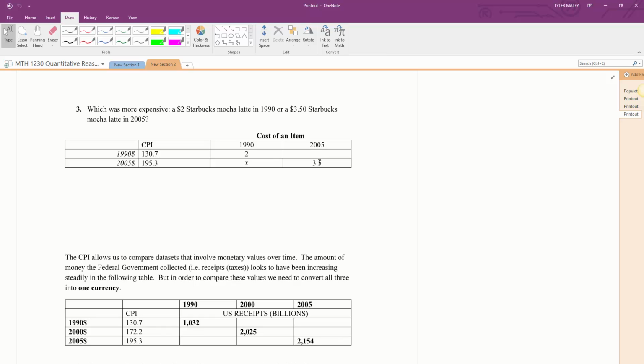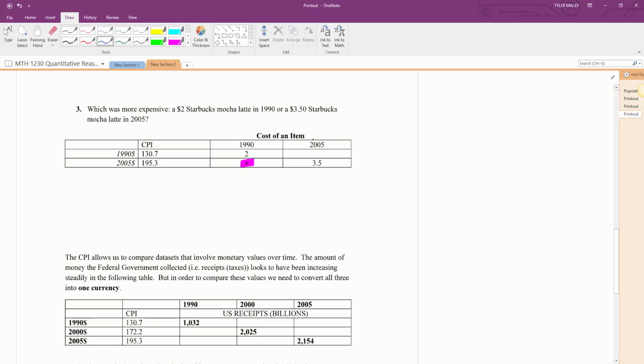So we're asked which was more expensive, a $2 Starbucks mocha latte in 1990 or a $3.50 Starbucks mocha latte in 2005. Again, we want to convert everything into the same units. We were already given X here, which hints that the question is prompting us to convert the $2 Starbucks mocha latte in 1990 and see what that would cost in 2005 dollars, using CPI.